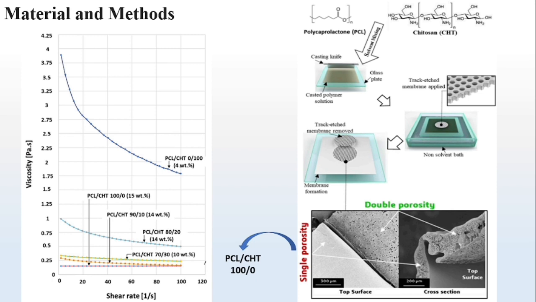The viscosity of pure chitosan was significantly higher than pure PCL in common solvent due to several factors. Chitosan has a higher molecular weight, about 190 kDa to 310 kDa, compared to pure PCL at around 80 kDa, and its stronger affinity toward the solvent is attributed to stronger secondary interaction, which increases viscosity.